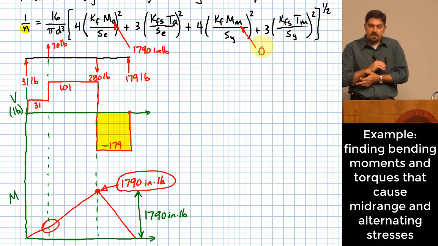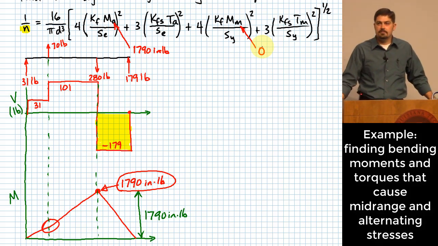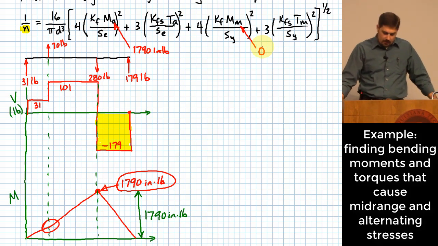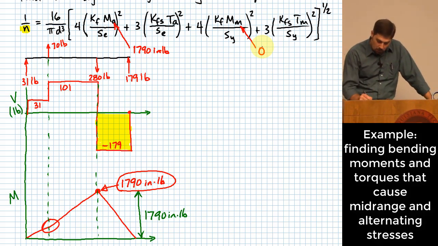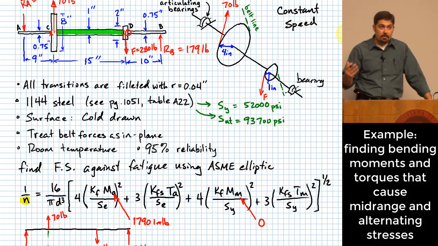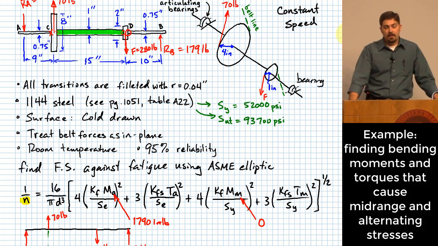What about torques? Okay, all right, so the torque that exists between point C and D, that's the only place that torque exists at all. The question is, does that torque change? All right. Does it pulsate?